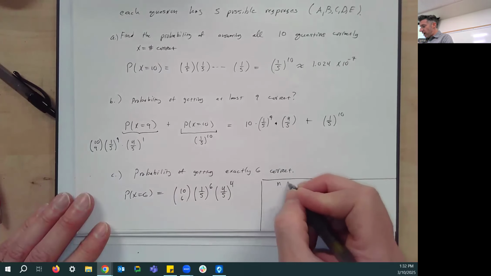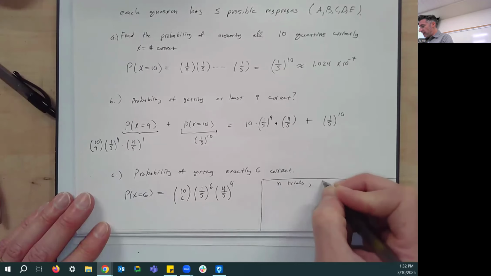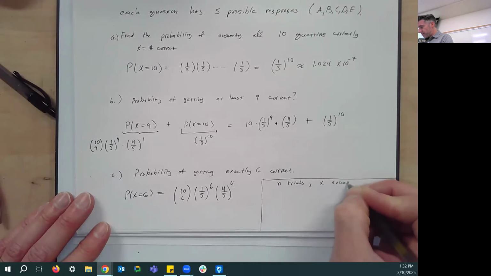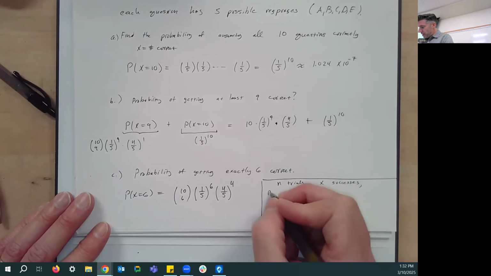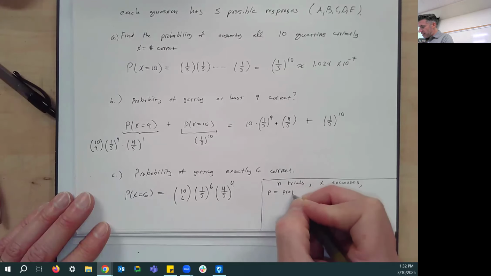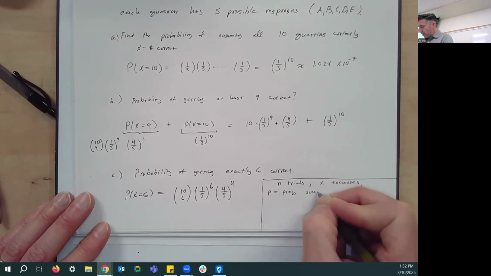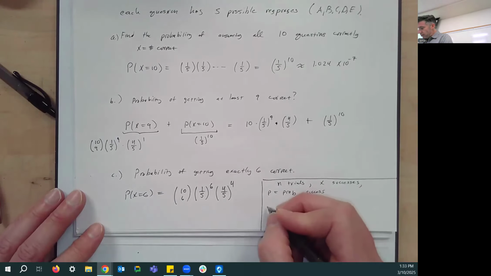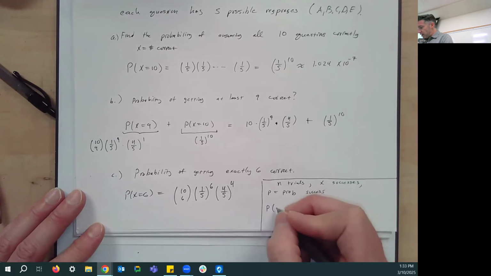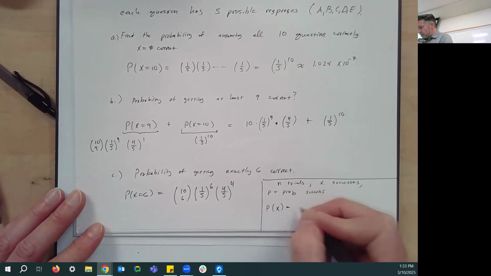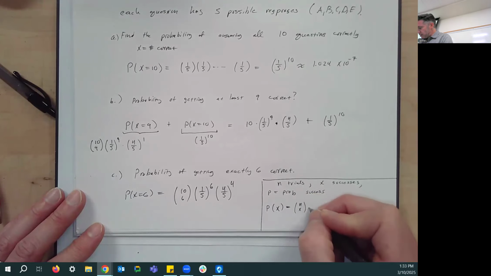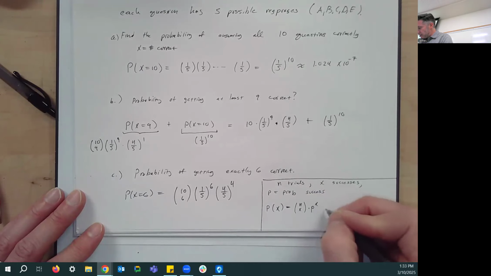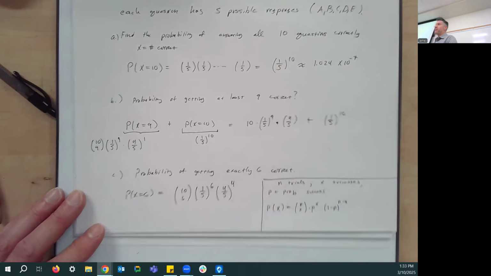If you have N trials and you want X successes, P is the probability of success, and obviously 1 minus P is the probability of failure, then the probability of getting X is N choose X times P to the X times 1 minus P to the N minus X.